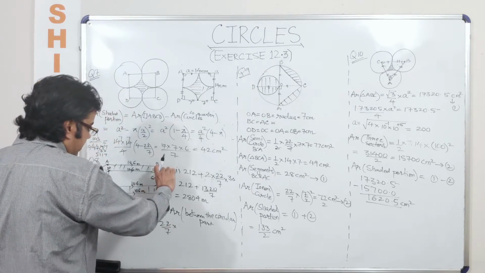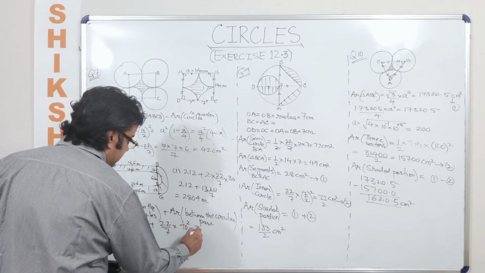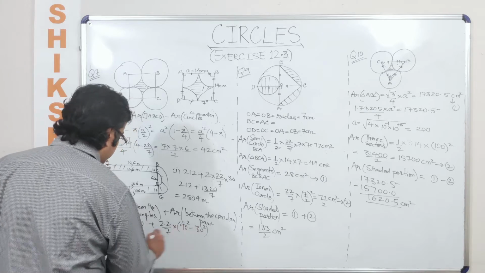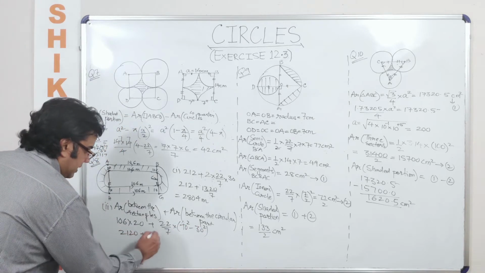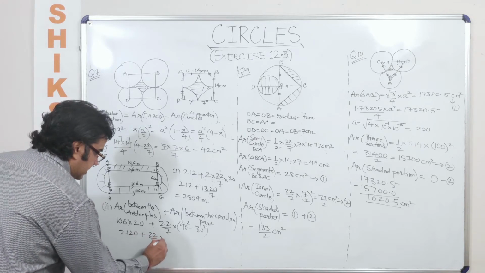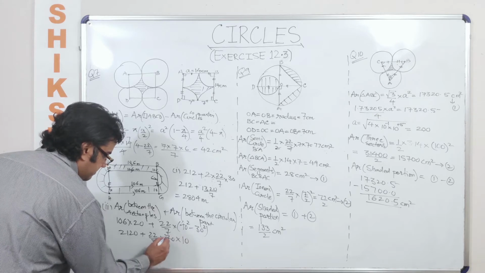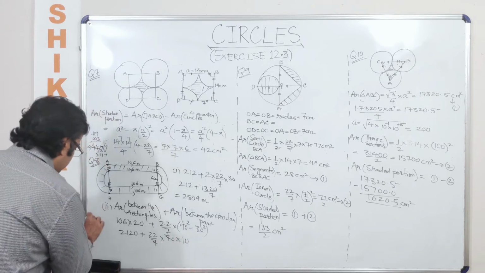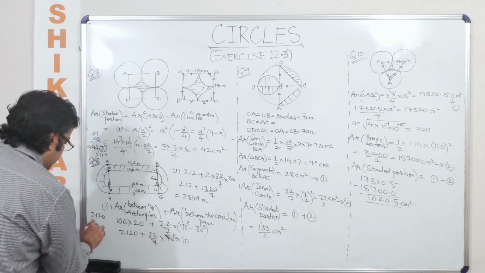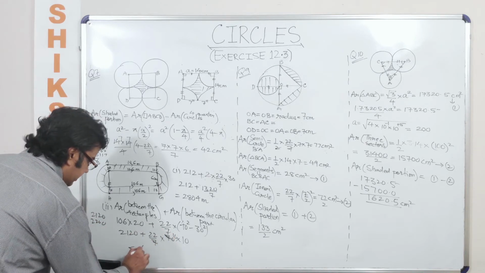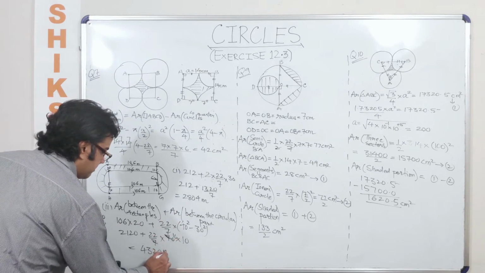The radius of the outer circle is 40 and the inner circle is 30. So once we calculate this, we get 2120 plus 22 by 7 into (40 plus 30), which is 70, into (40 minus 30), which is 10. So eventually you get 2120 plus 2200, which makes it 4320 meter square.